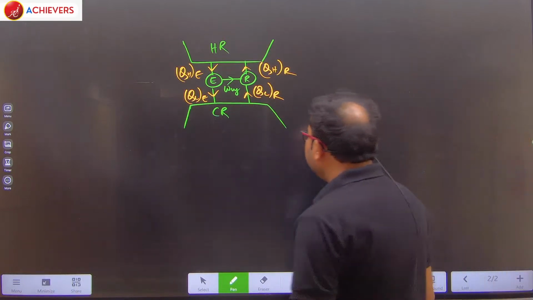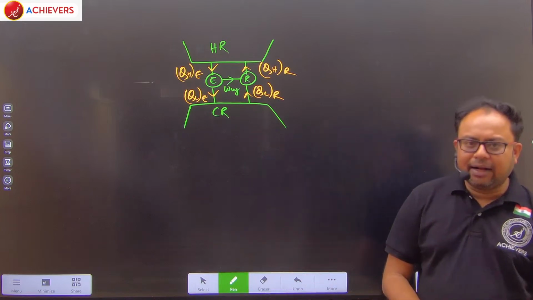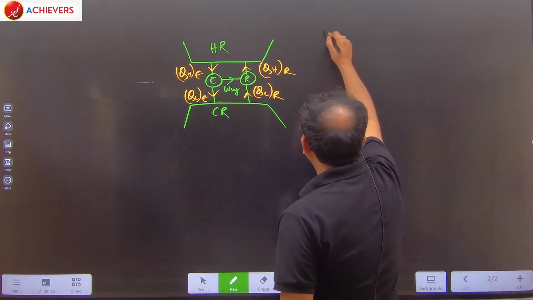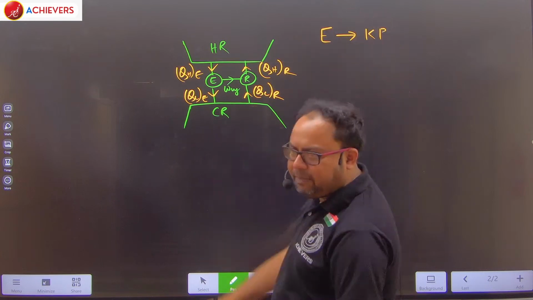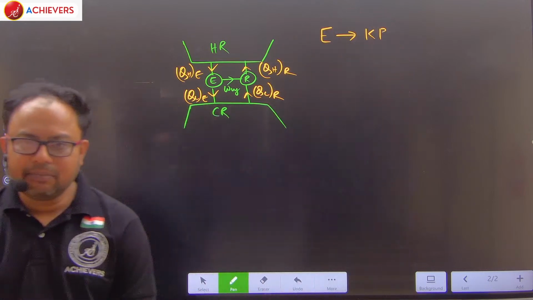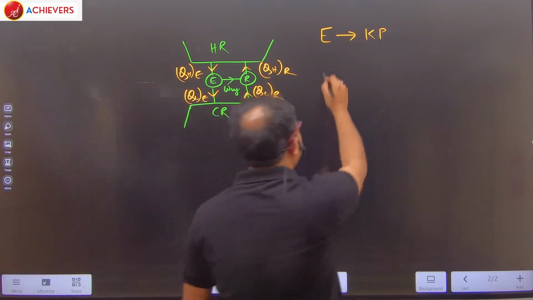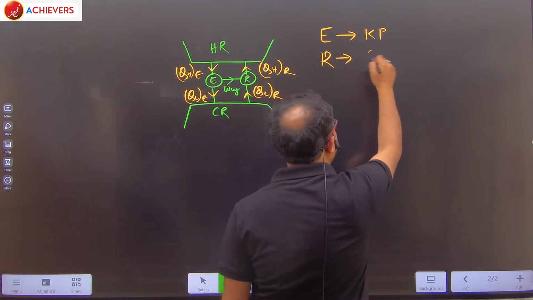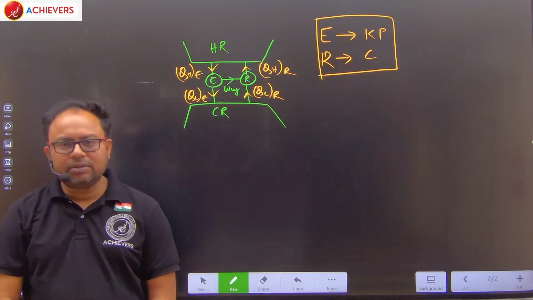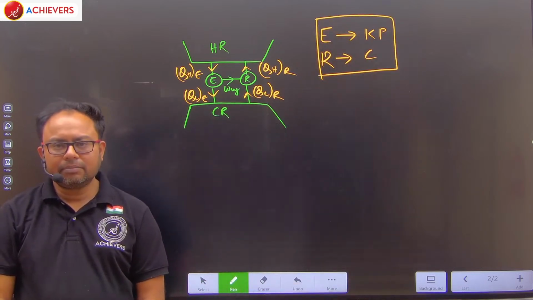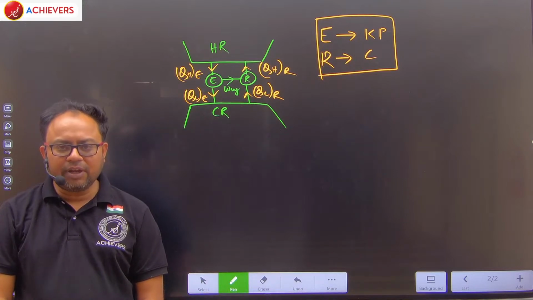Now, in this diagram, we see that E is abiding by the Kelvin Planck statement, and R is abiding by the Clausius statement. So this is known to all of us.